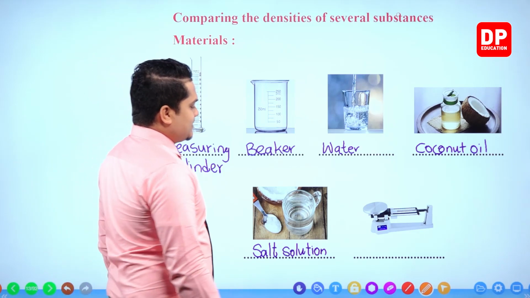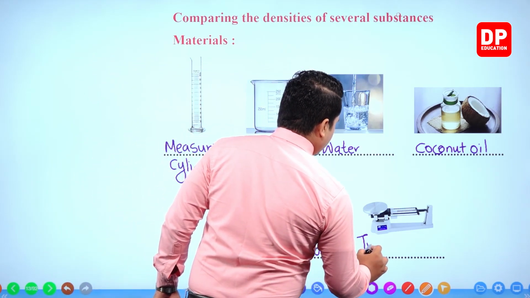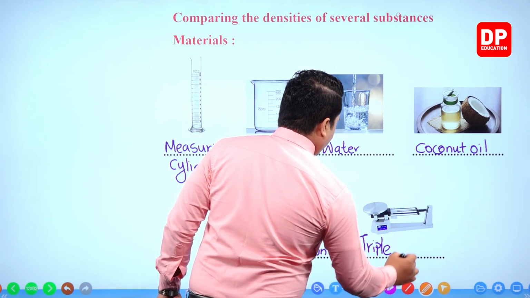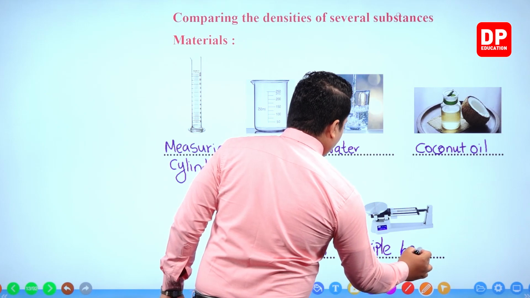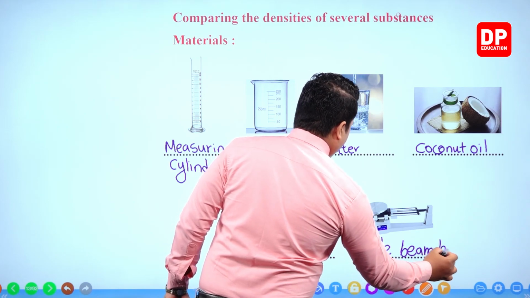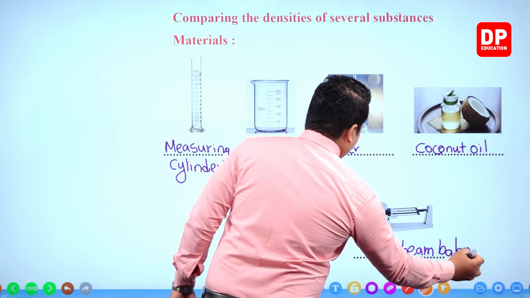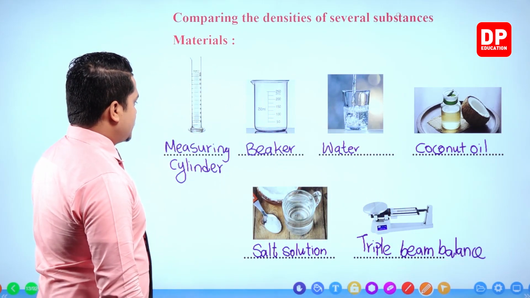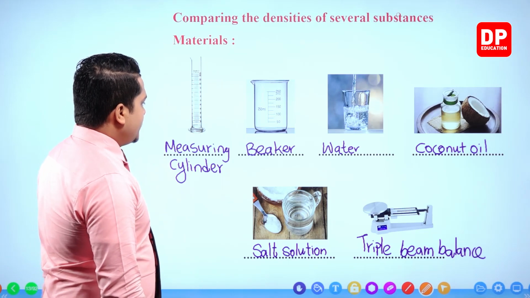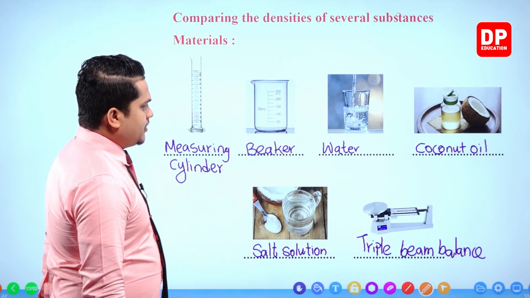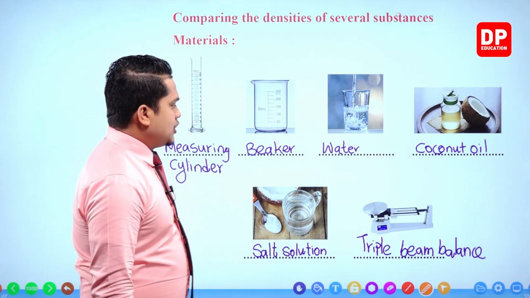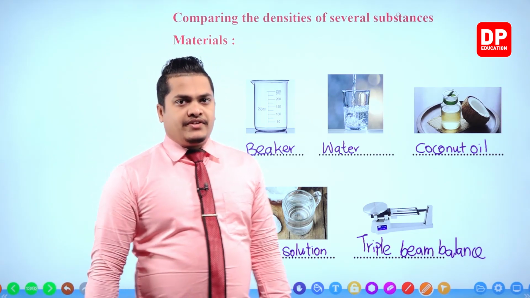Then to measure the masses, we'll be needing a triple beam balance. So measuring cylinder, beaker, water, coconut oil, salt solution, then the triple beam balance. So these are the materials that we need, my dear children.